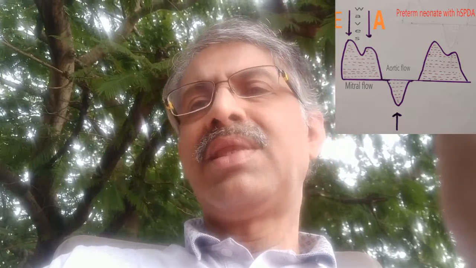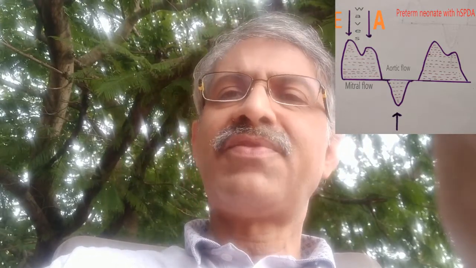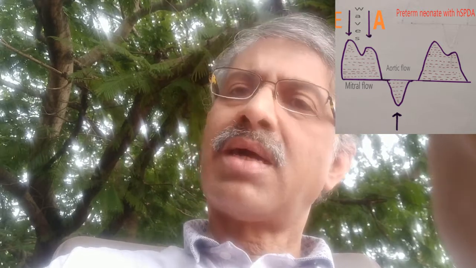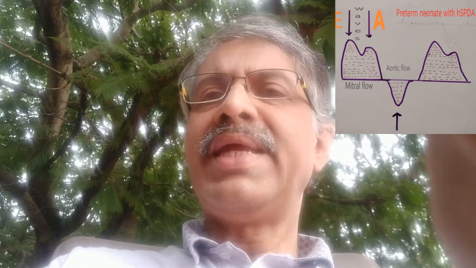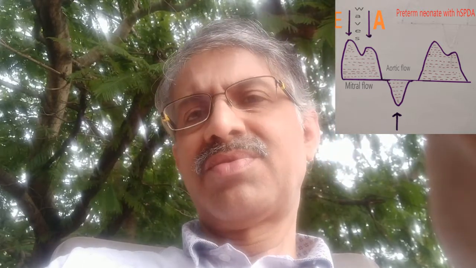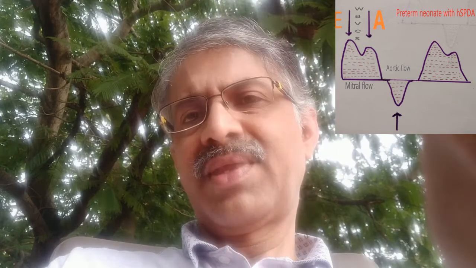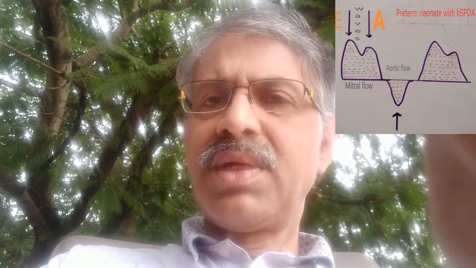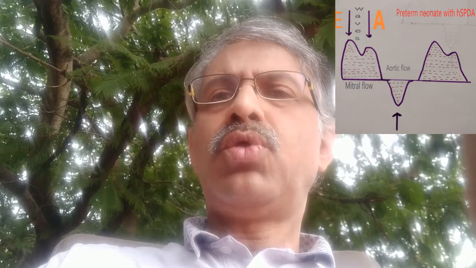That's how you will find in the early phase the blood that enters into the left ventricle is on the higher side compared to the later phase of filling. So, the E by A ratio in preterm neonates with hemodynamically significant ductus arteriosus is more than 1.